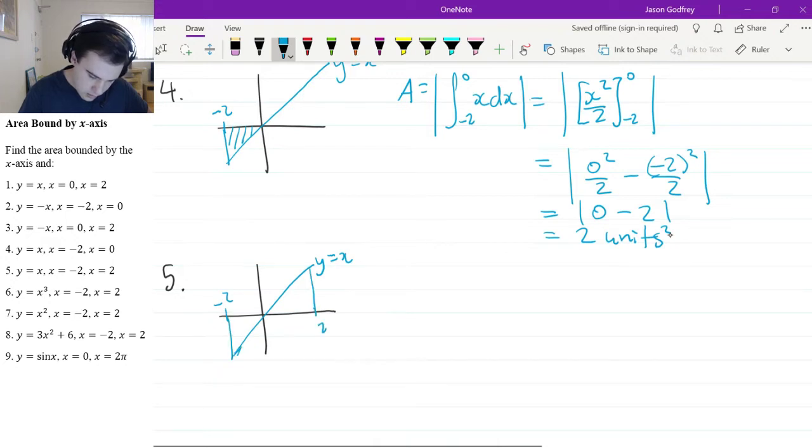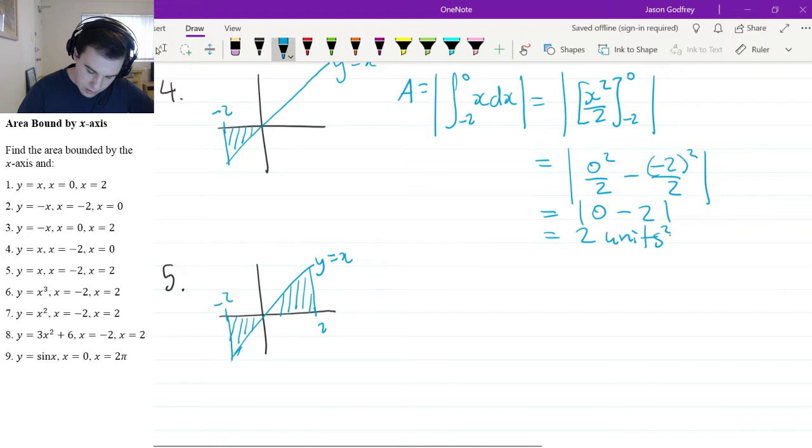So what's the area from -2 to 2 bounded by the x-axis? Well, over here it's this piece here, and we've also got this piece here. Again, these are the same size triangles as before, and we've got 2 of them, so if the area of one of them is 2, then the 2 of them together will be an area of 4.